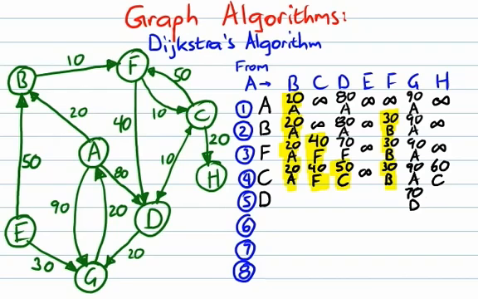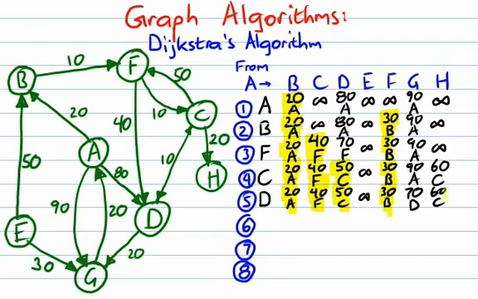That's the only edge we have originating at D, so everything else just gets copied down once again. And we're already done with this one, and this one, and this one, this one.